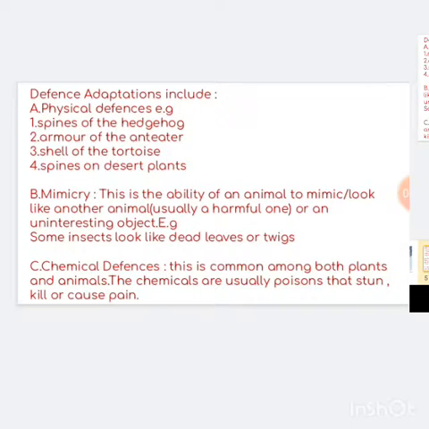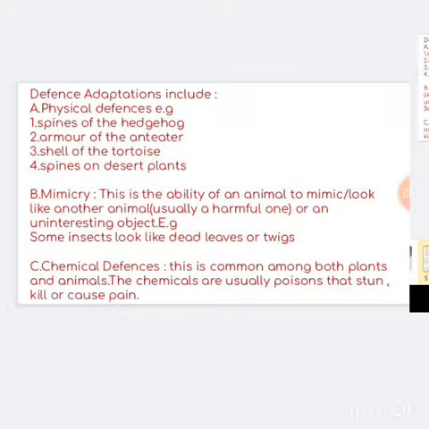Another defense adaptation is mimicry. Okay, so mimicry, from the word mimic. It is the ability of an animal to mimic or look like another animal. So they either look like another animal, usually one that is dangerous that predators don't go close to, or they mimic an uninteresting object, like maybe a leaf or a twig.